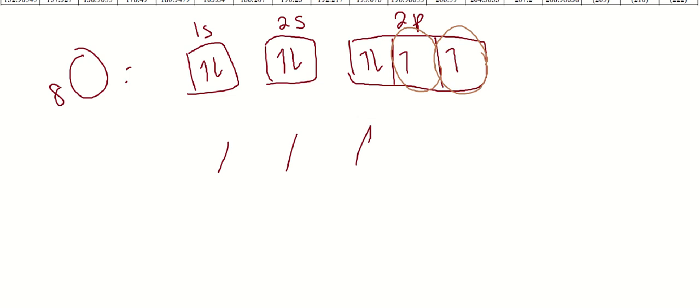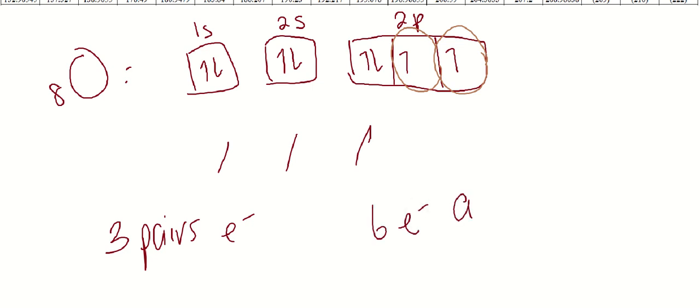But this one, ding, you got 3 pairs of electrons. 3 pairs of electrons that are paired. Or you could say 6 electrons are paired.